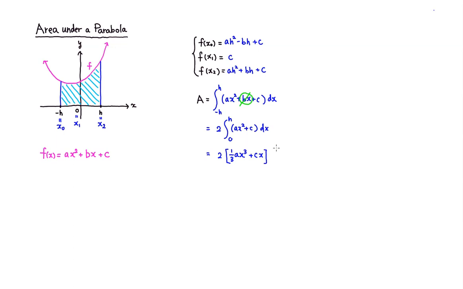And we're going from 0 to h. So if you plug in h, you have a 2, and we still have 1/3 a h cubed, plugging in h for x, plus ch, and minus, if you plug in 0, it's all 0, so this is it.